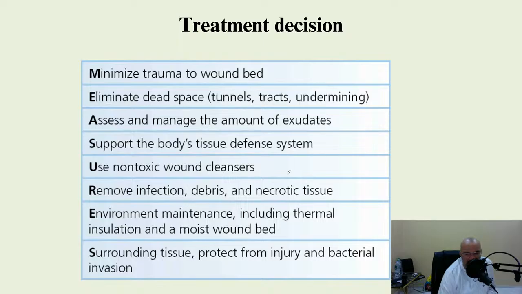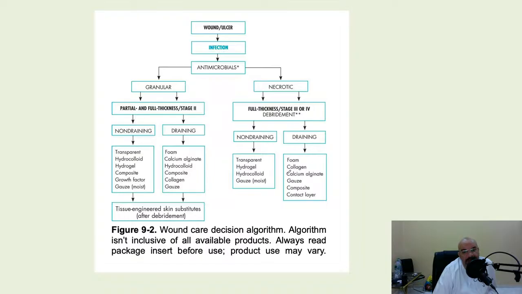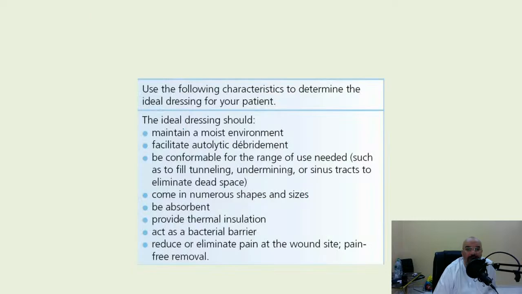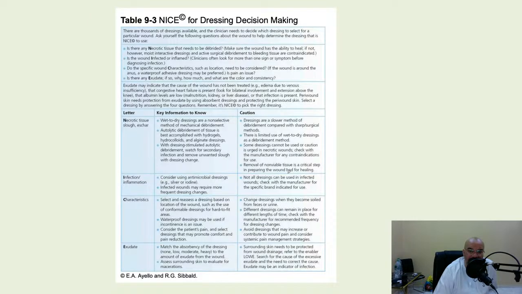Now here in the slide, it says use non-toxic wound cleanser, but now the guidelines say less toxic wound products, remove the infection barriers, environmental maintenance, surrounding tissues, and this is also a paraphrasing of how the decision can be made based on the I and the antimicrobial dressings, and this is the NICE guideline for dressing selection about which type of products can be used or which category of this product.